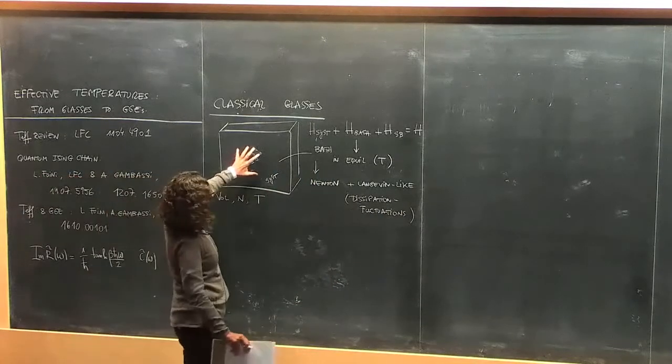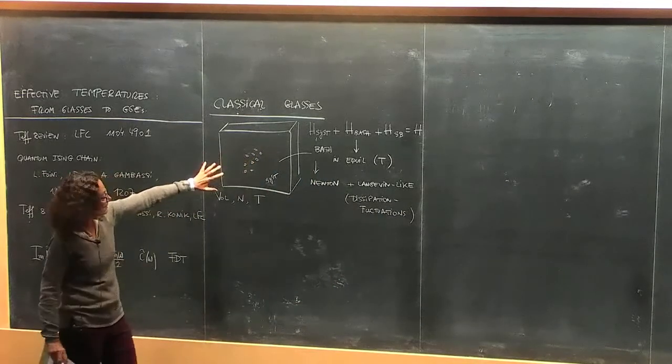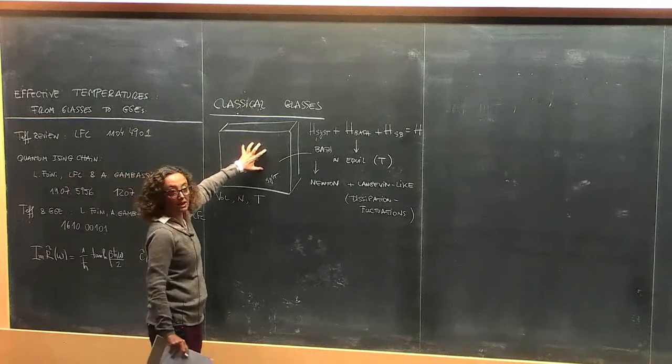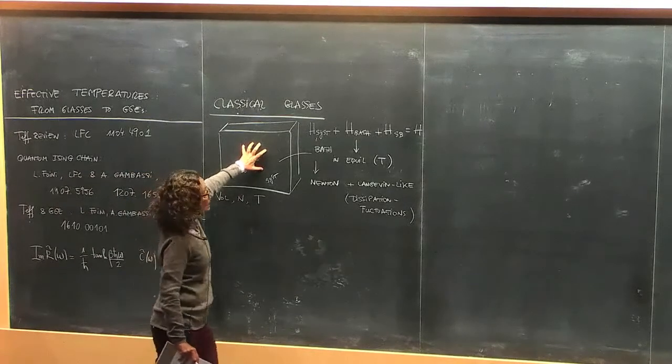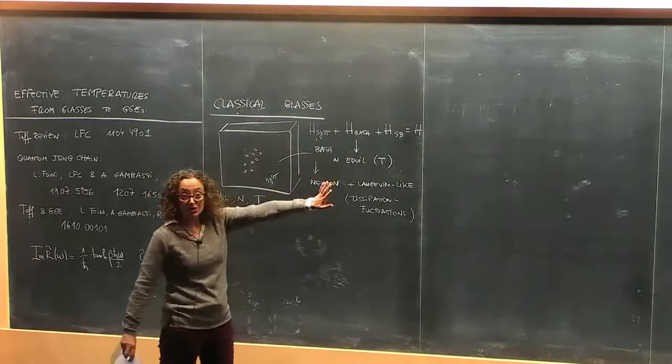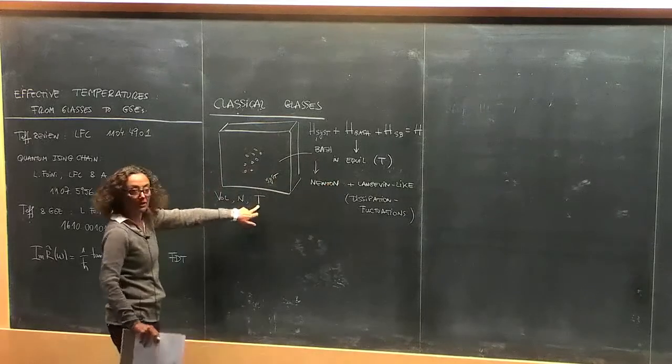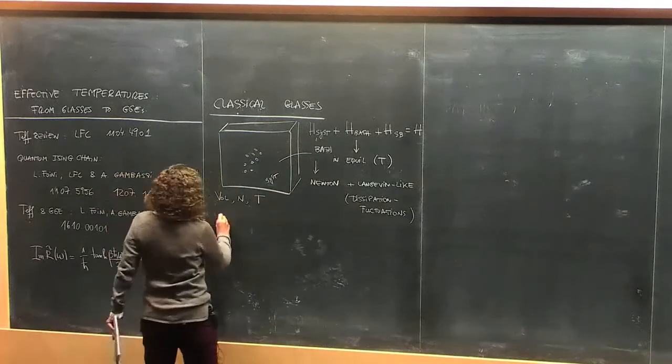Now, the problem is, imagine that you take the configuration of your system to be in equilibrium with the bath at some very high temperature. So you put the temperature of the bath to be very, very high.